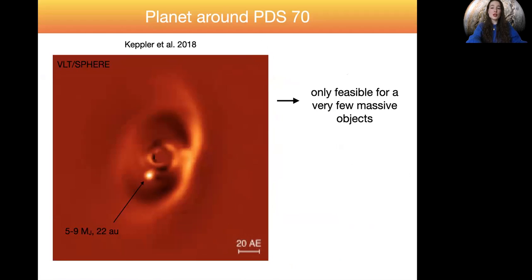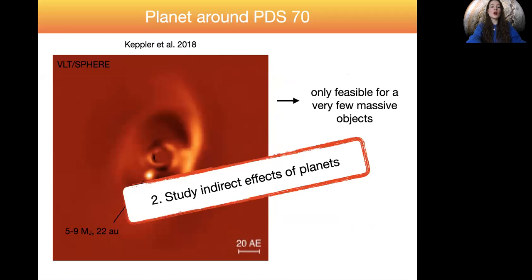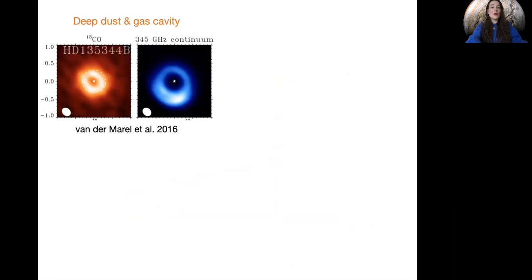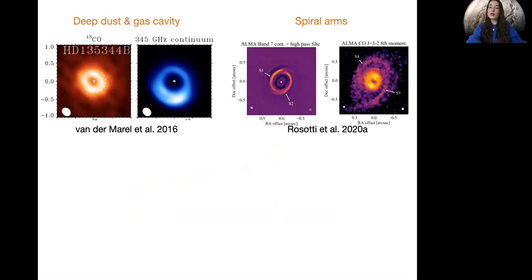However, this method is only feasible for very few and very massive objects. So to increase the database, we can also look for the indirect effects that might be induced by planets. For example, a planet can carve a very deep dust and gas cavity into a disk. Also, we can look for spiral structures that might be dynamically launched by a companion.